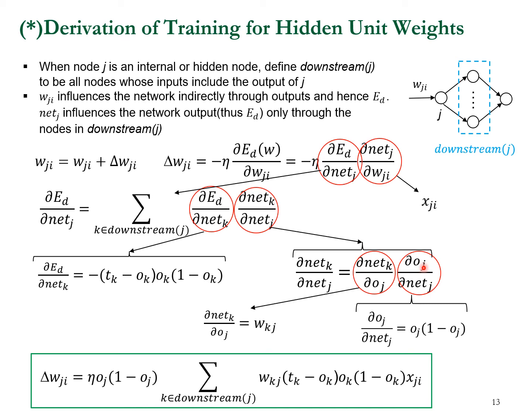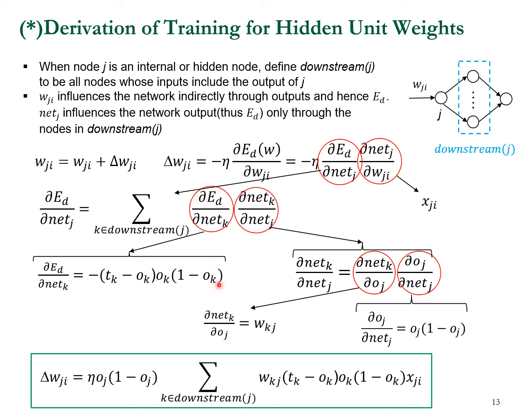So net J goes through the activation function, and then this influences net K. So this is decomposed into these two parts. This one is easy: the derivative of net K with respect to oj. And for this one, it is the property of the sigmoid function; the derivative of the sigmoid function is like this. So we are done.